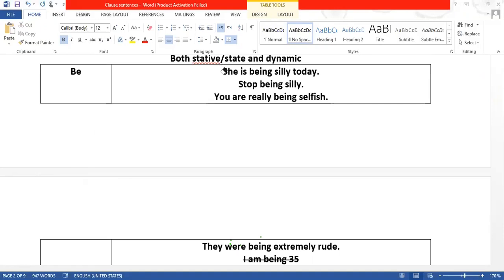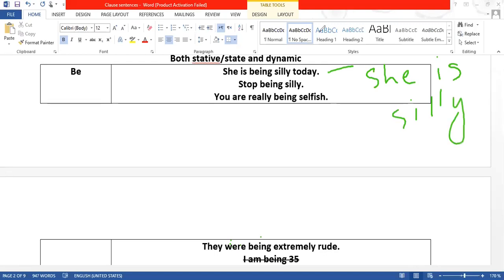Like, for example, I am happy, or he is silly. Now, he is silly is a state verb, it does not show any action. For example, she is silly. Now if you see, she is silly, this is what? A state verb.